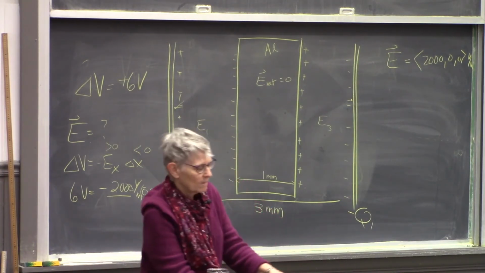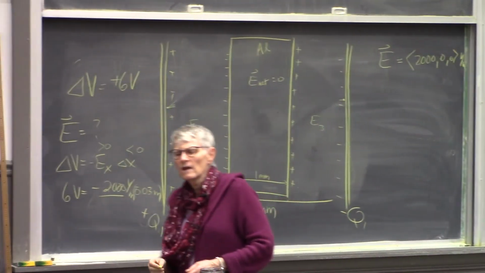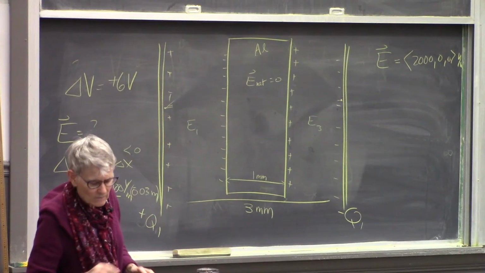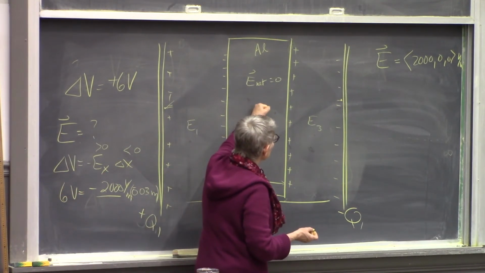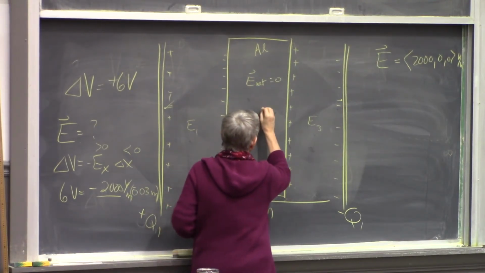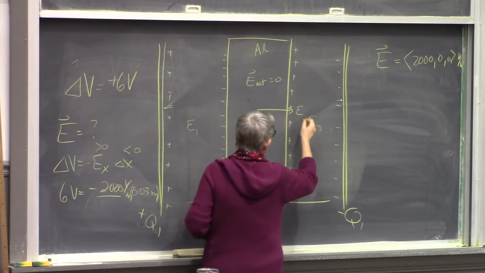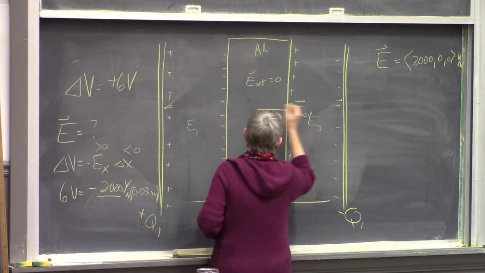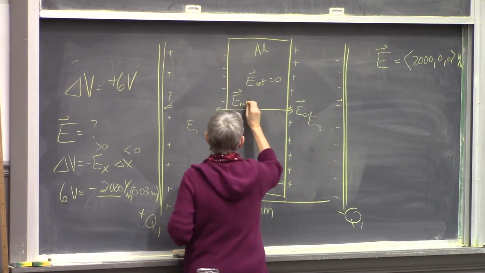Okay. Oh, I totally forgot to do this. Let's do this. Sorry about that. So as one of you said, the reason the net field in here is 0 is that this is the superposition of two fields. This is E of the capacitor, and this is E of the metal.